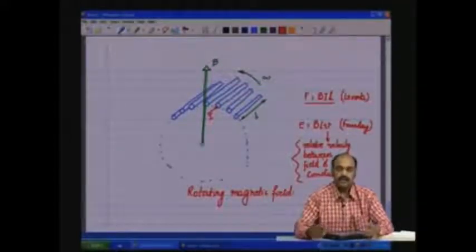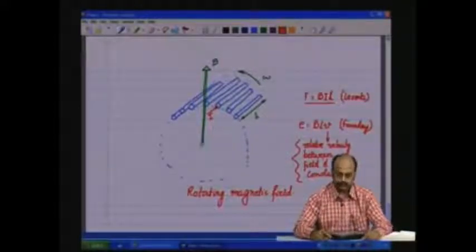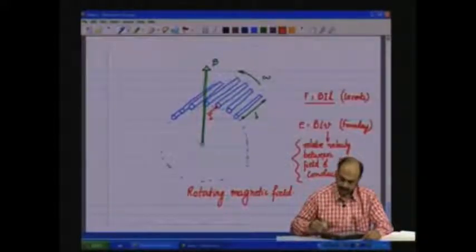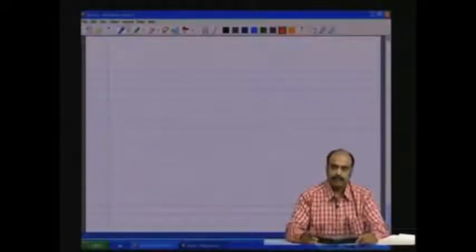So, how do we generate this rotating magnetic field? It is generated by a combination of constraints that are applied.